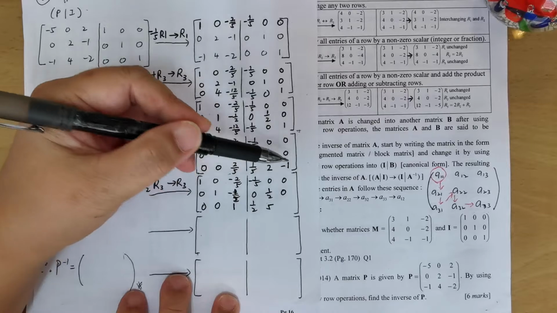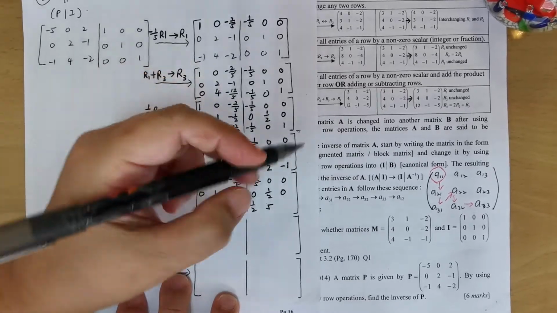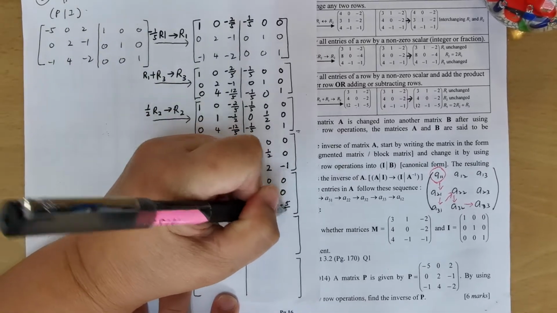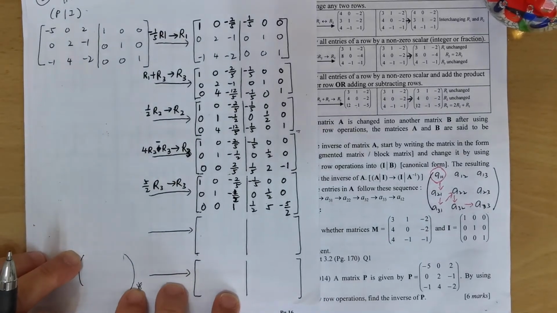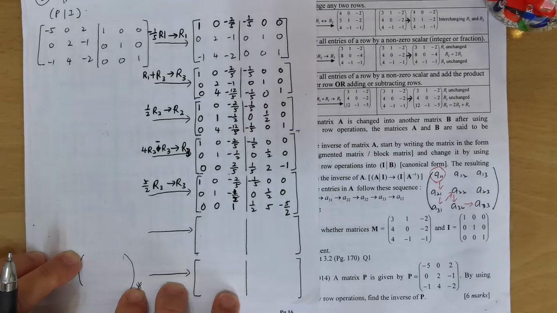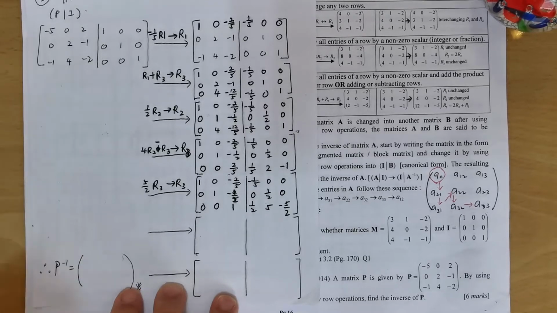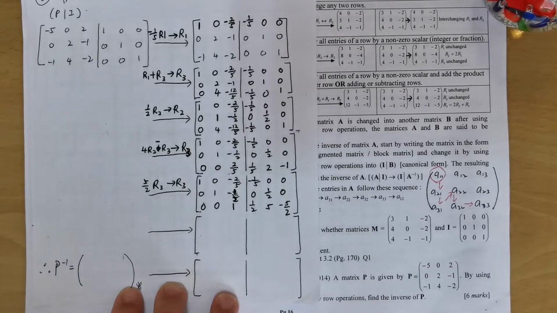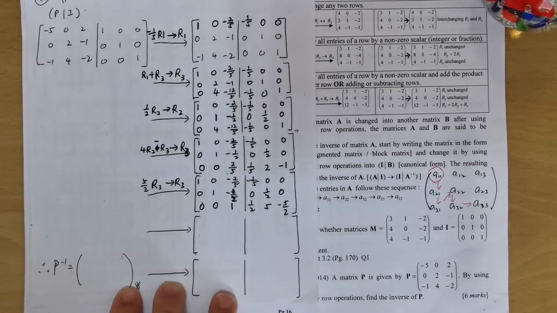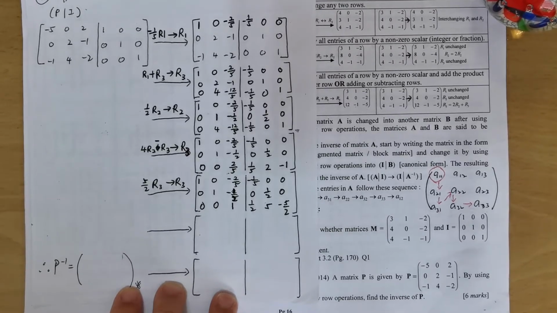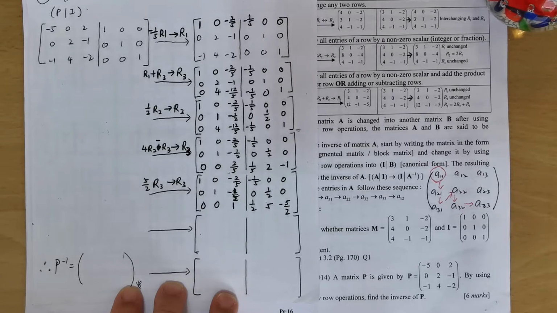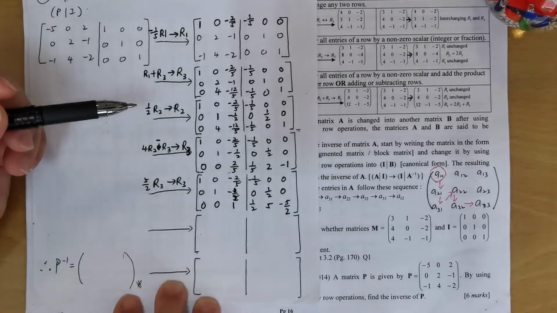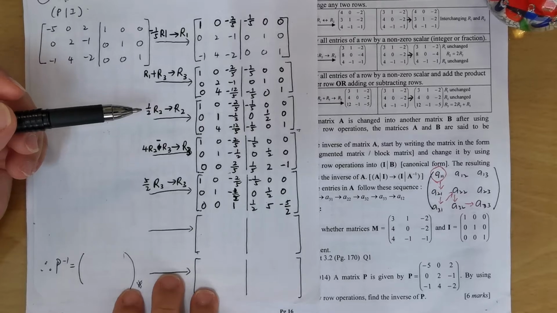This one times 5 over 2 is negative 5 over 2. R3 plus R1 is 1. Okay. So next step.